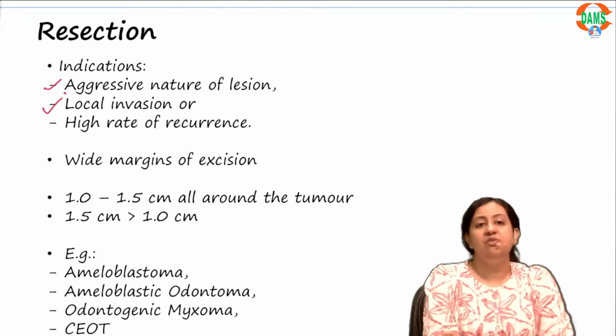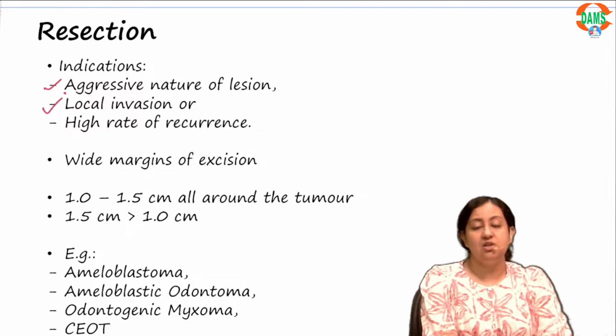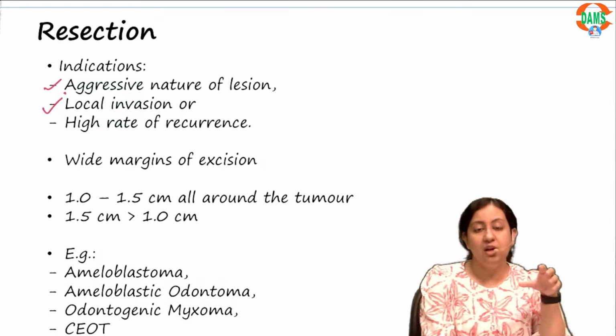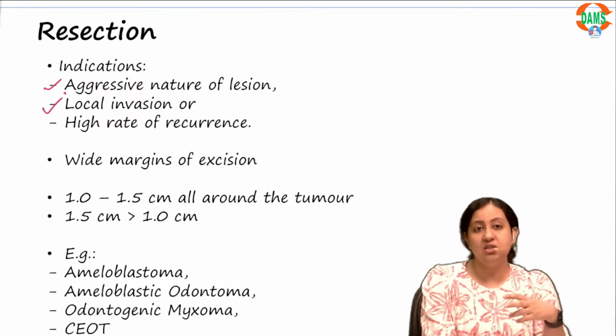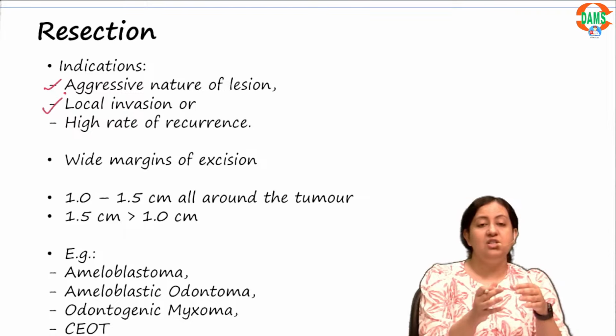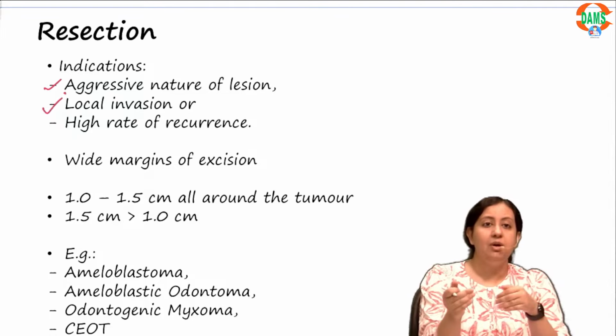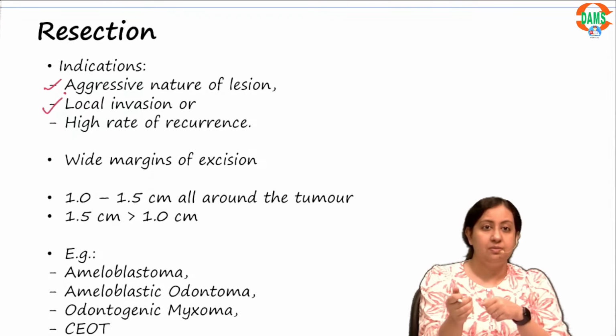Also lesions showing features of local invasion, either capable of invading the bone or adjacent soft tissues. Such lesions are highly aggressive. They tend to spread, so for them the treatment will become resection.